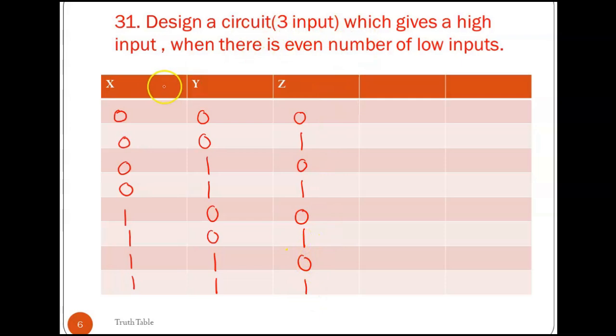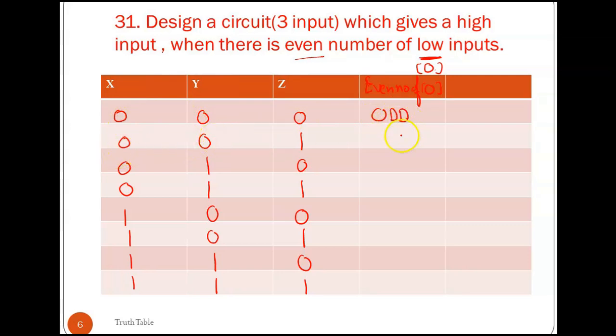Now what they are saying, so this is for 3 inputs. When there is an even number of low inputs, so low is what? 0 value. So even number of 0s, that means you have to count here the even number of zeros. Let me write it down here: even number of zeros. So here please count: 1, 2, 3. 3 are there, so this is odd.